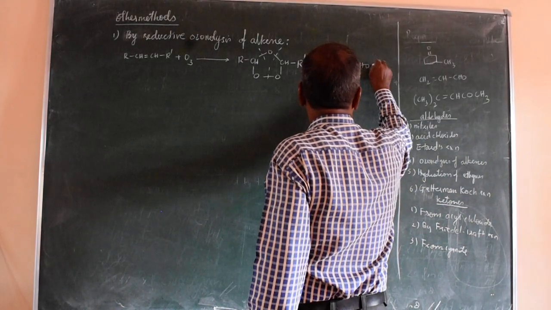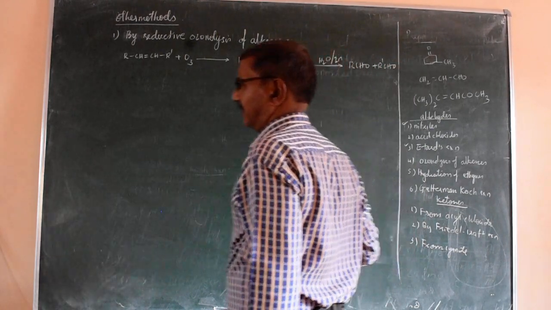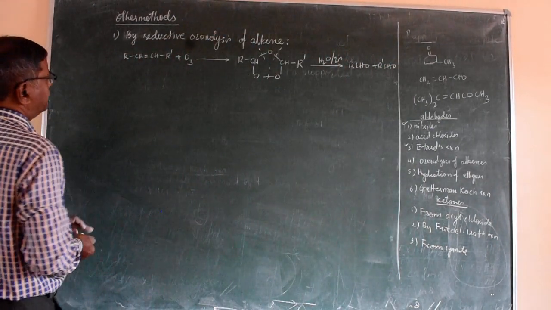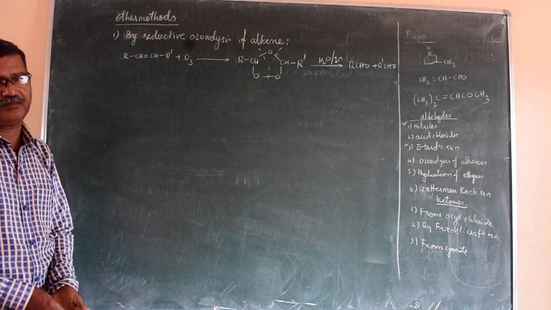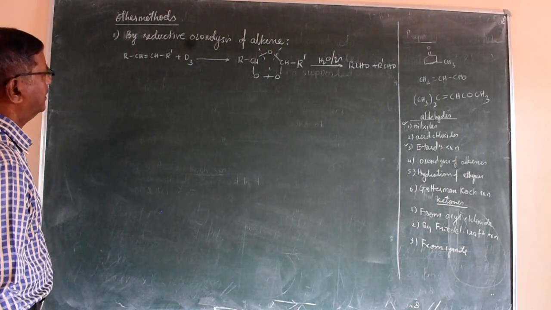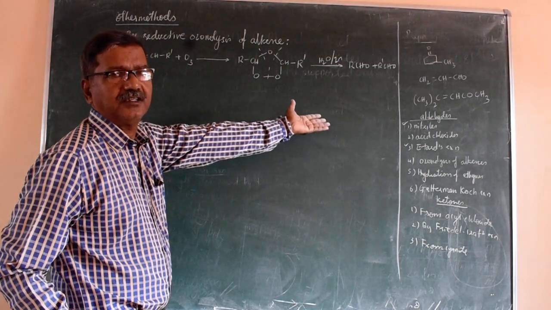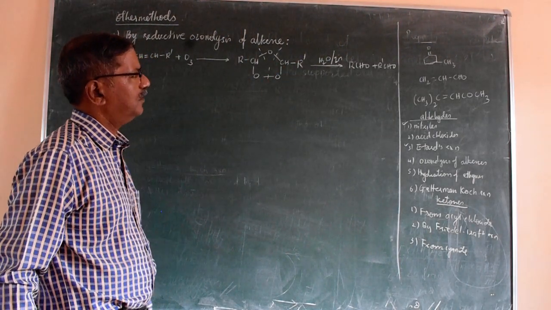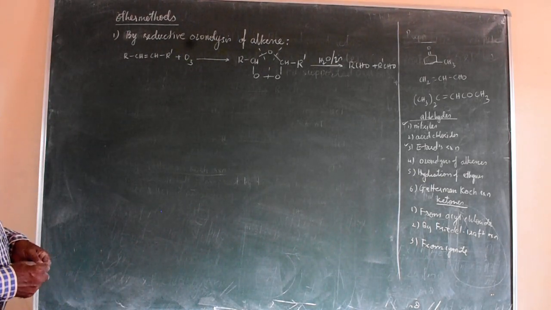RCHO plus R'CHO, where R may be any group like CH3 or C2H5, similarly R' may be any group. So it is called reductive ozonolysis of alkene. First, formation of ozonide, then breaking of ozonide into aldehyde by adding water in presence of Zn.